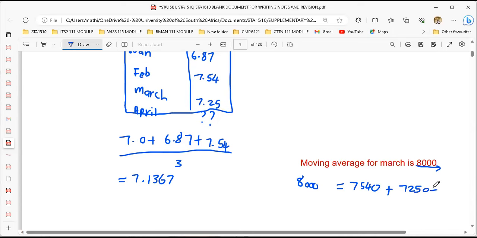And then plus the one for April, and then I divide them by 3.